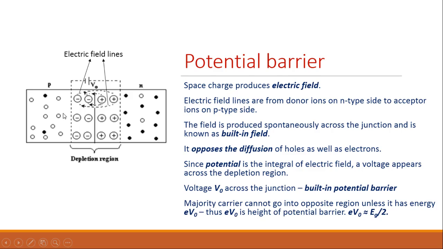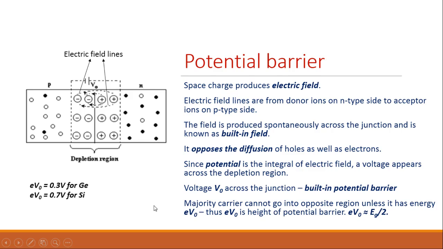So, unless and until the holes and electrons have energy equal to the height of the potential barrier, they cannot cross over into the opposite region. This energy eV0 is approximately half of the energy band gap in the particular diode.